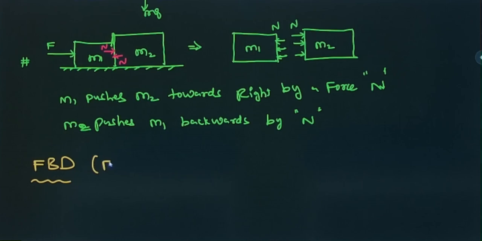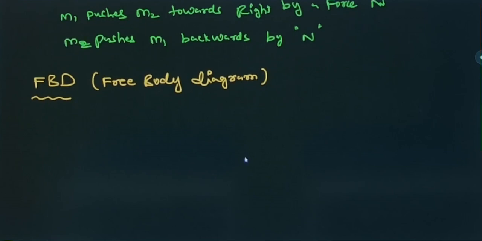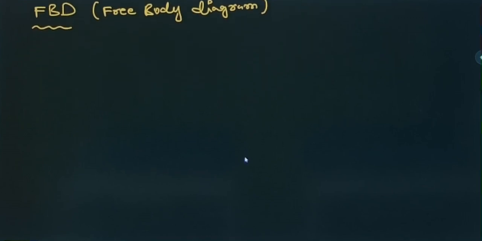FBD means free body diagram. So what is the free body diagram? It's a diagram, the picture which shows the number of forces acting on a body. If you draw it correctly, it shows the number of forces acting on a body, and it is represented as FBD, the free body diagram.